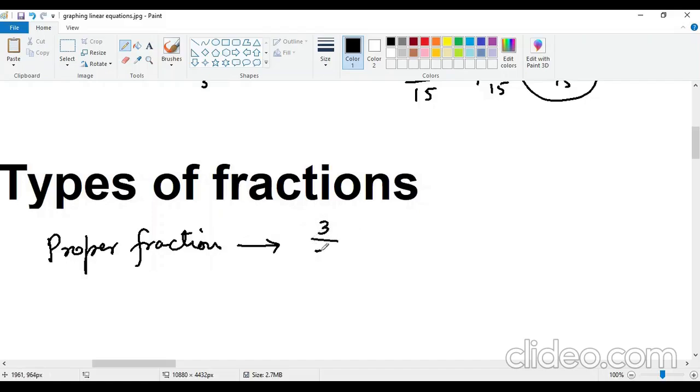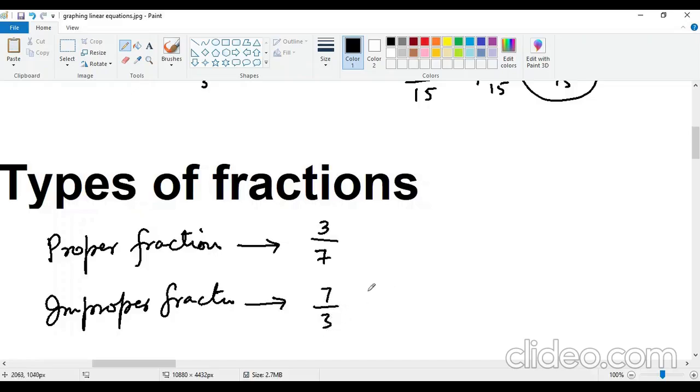And an improper fraction is the opposite. An improper fraction is something like this, and it can be converted into a mixed number. 3 times 1 is 3, and 1 is the remainder. So you write mixed numbers in this way.